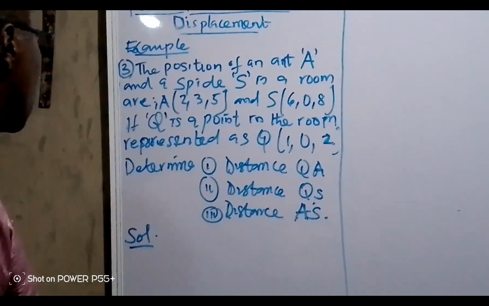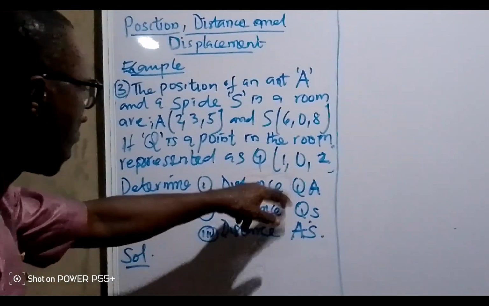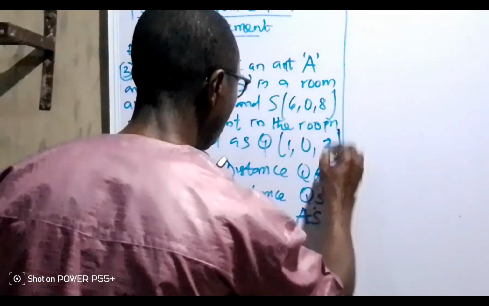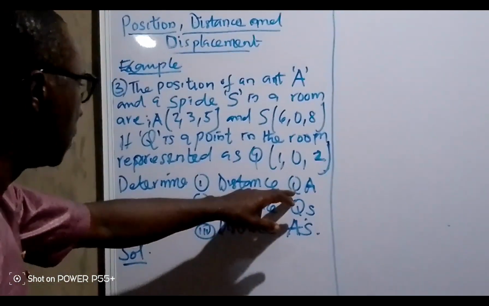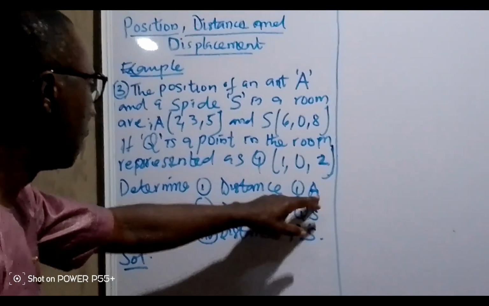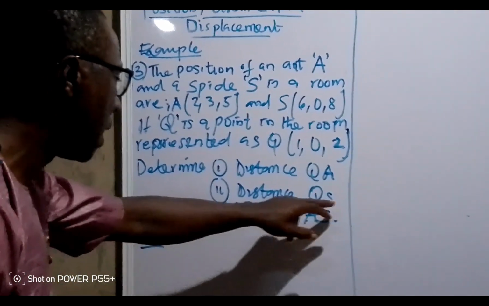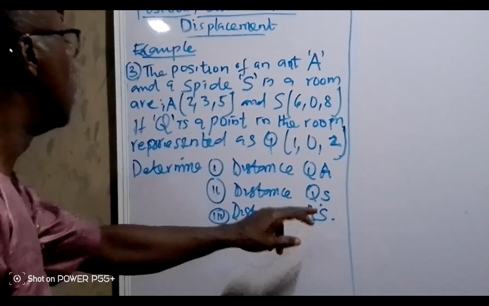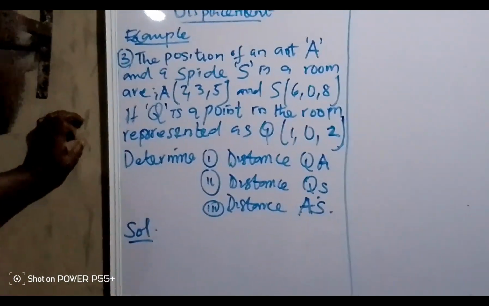If Q is a point in the room represented by Q (1, 0, 2), then the first question: determine the distance between the point Q and the ant. Two: the distance between the point Q and the spider. And three: the distance between the ant and the spider. Let's list out the parameters given in the question.